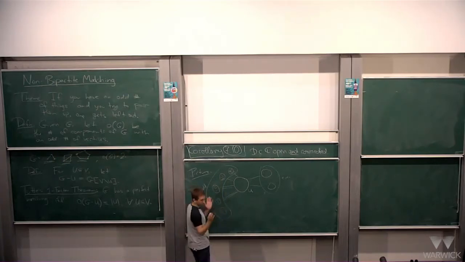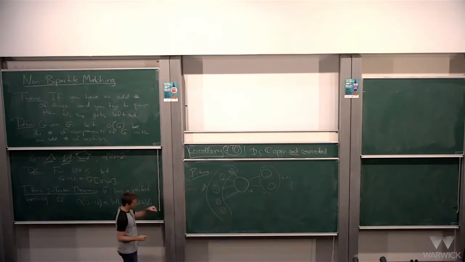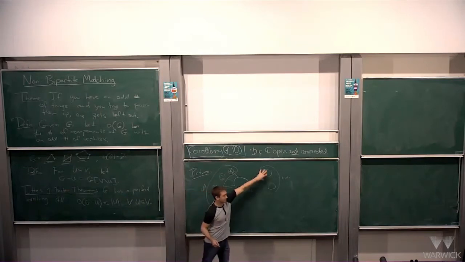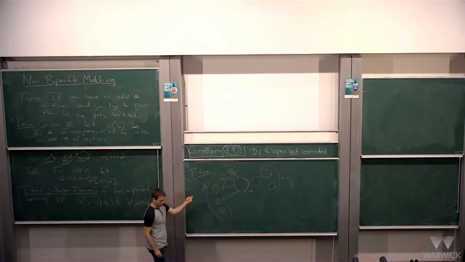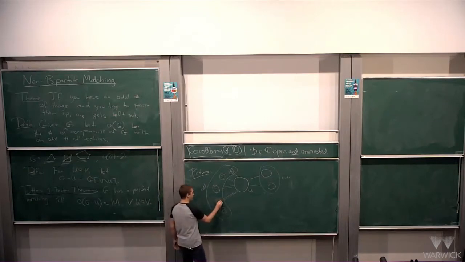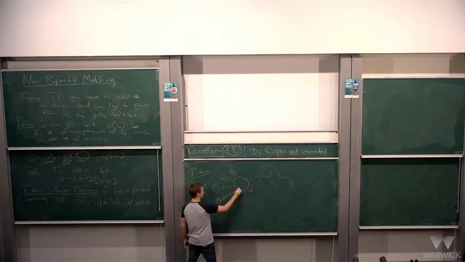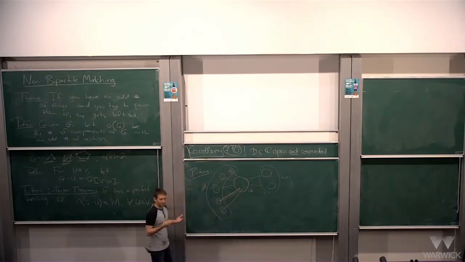Maybe even 2 of them get left out, but it has to be an odd number left out, so certainly at least 1 always gets left out. And because there are no edges between these components, the only way to possibly hit those left out is using edges like this, that go from this vertex to U, and these all have to hit separate vertices because it's a matching.